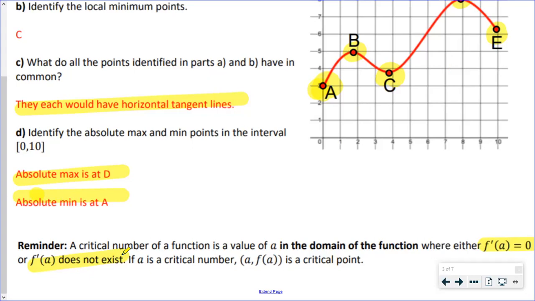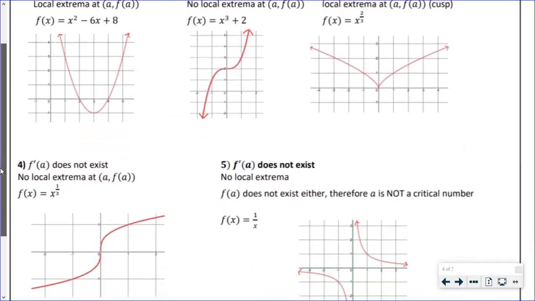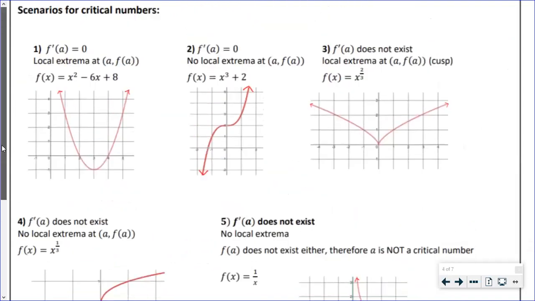I'll give you a second to just examine these a little bit. We looked at the first 3 last class, and this is something that has to be in your study notes. It's very important for it to be included in your study notes for module 3.